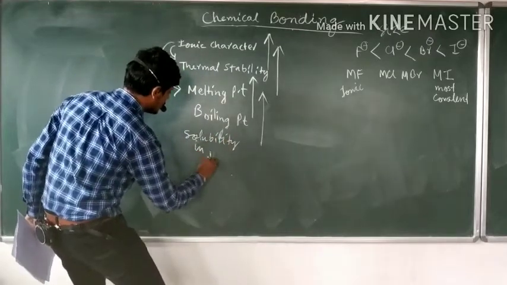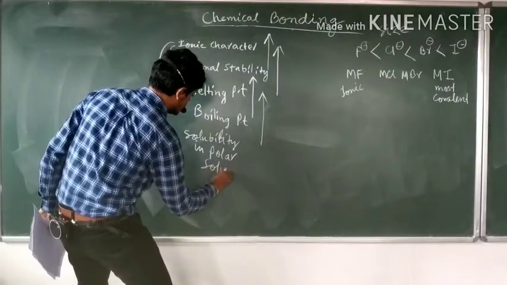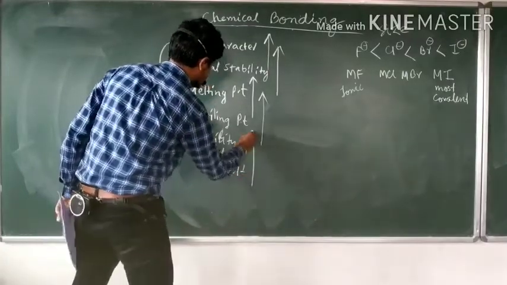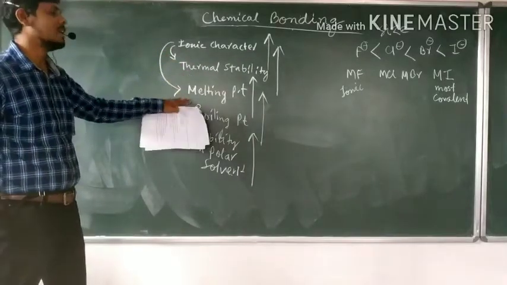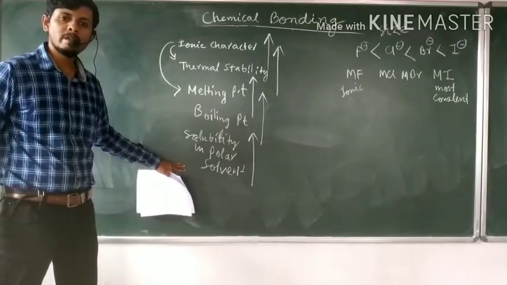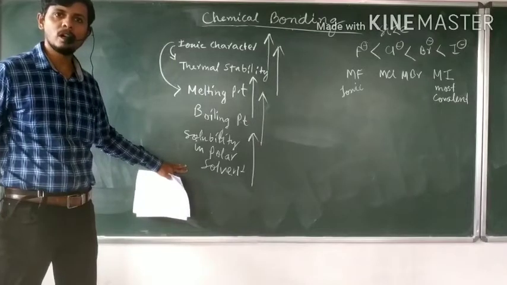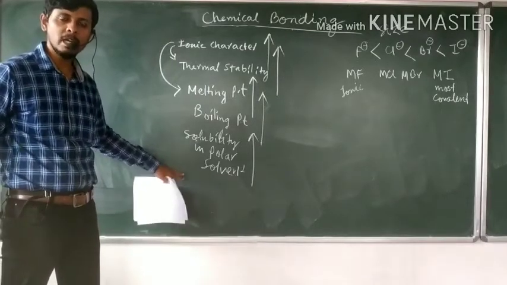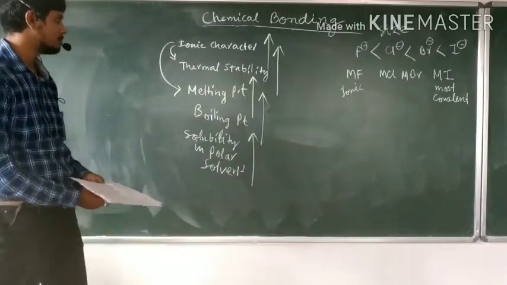So ionic compounds are more soluble in polar solvents. Covalent compounds will be more soluble in non-polar solvents and organic solvents.